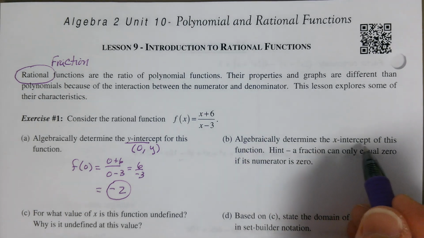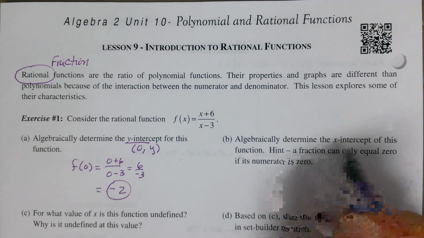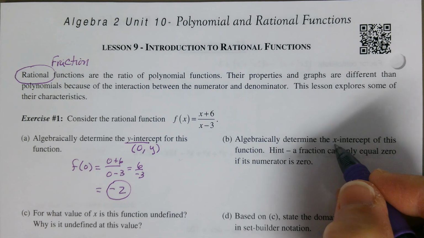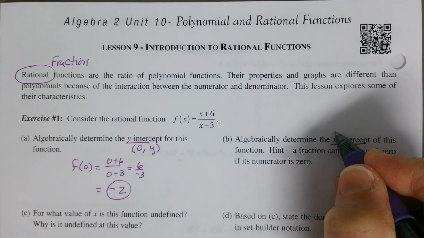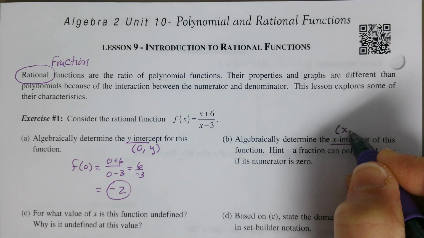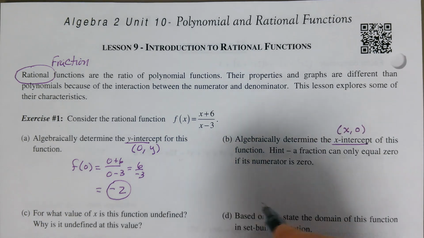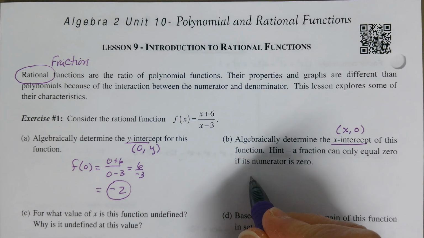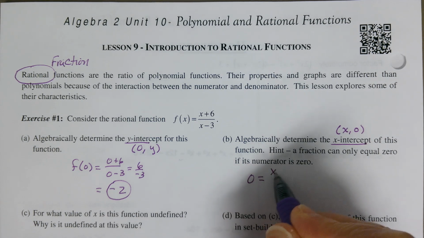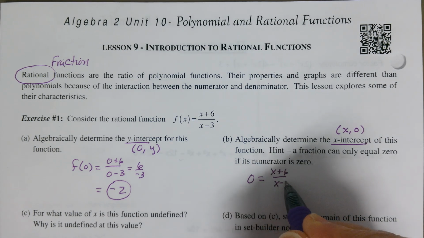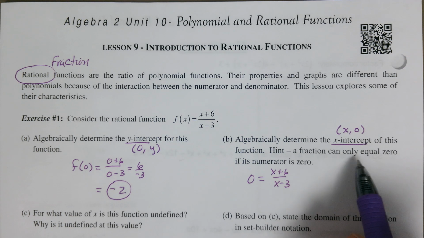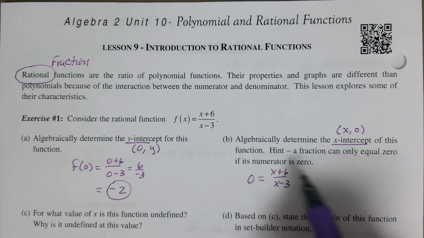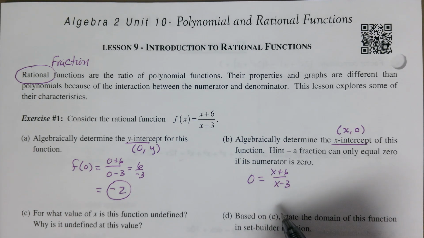Algebraically determine the x-intercept of this function. For an x-intercept, we're looking for the x value when y is 0. F of x, remember, is the same as y, so 0 equals x plus 6 over x minus 3. A fraction can only equal 0 if its numerator is 0.